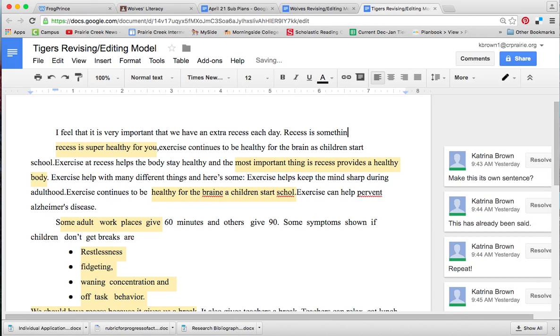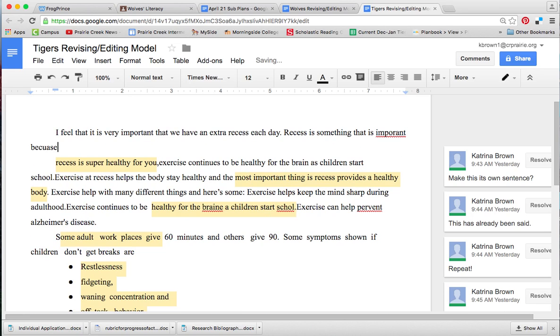Recess is something that is important because it is healthy for the brain and body, and it will give us breaks during the day. So at this point I have my topic sentence and I have my preview sentence, and so I have everything I need.